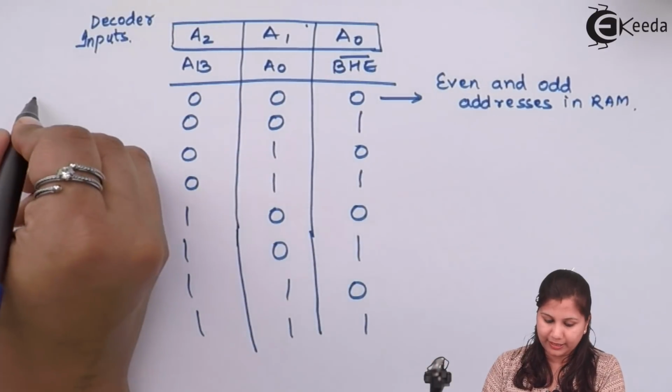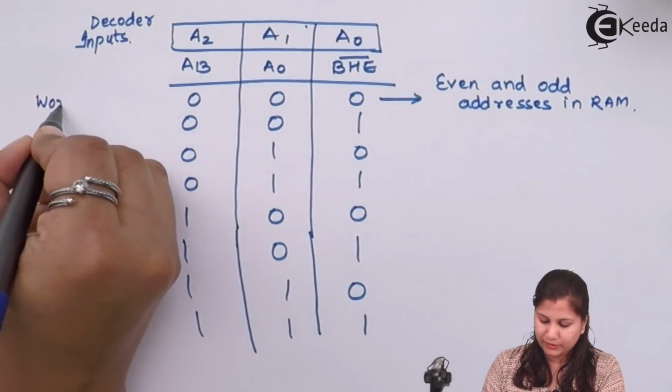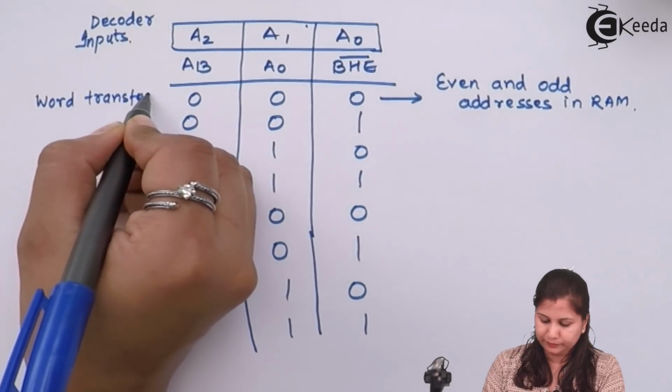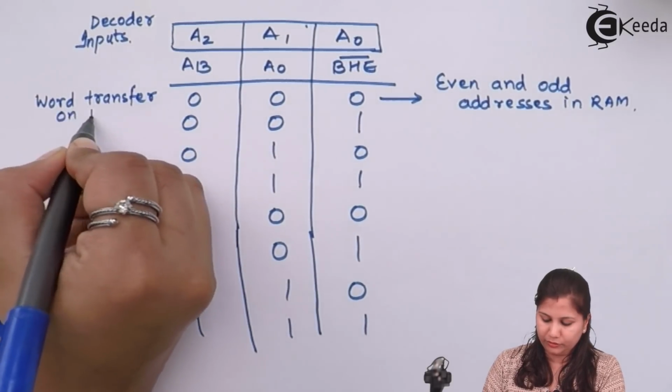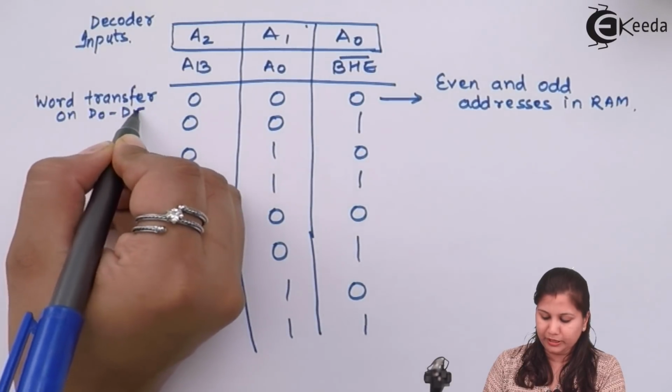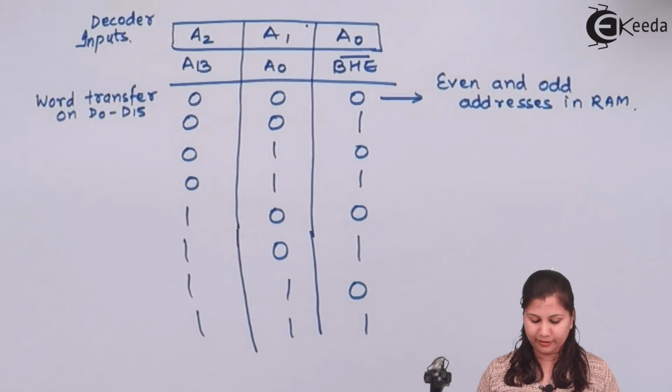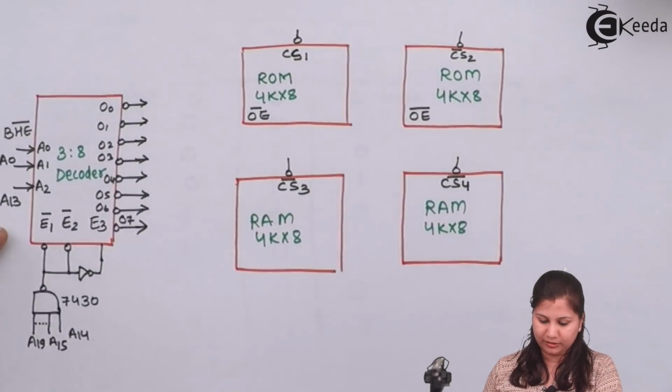So we can say that a word is transferred on D0 to D15, meaning total 16-bit data, because the even address is 8-bit and the odd address is also 8-bit.